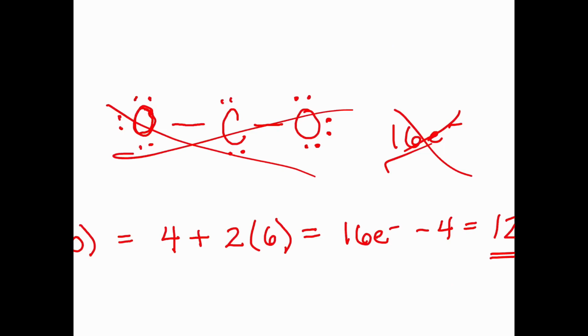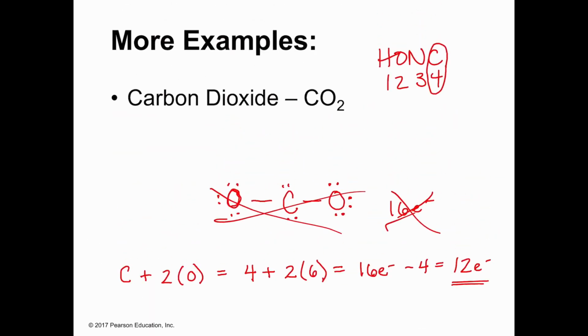And so what I was alluding to before is that when you're going to be short on electrons, the way that we solve this problem is we make double bonds. So here's how I'm going to show you how to do this. We have 12 electrons left. So let's say we gave each of our oxygens an octet.